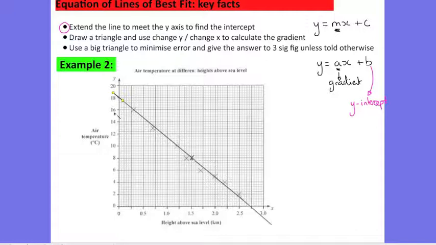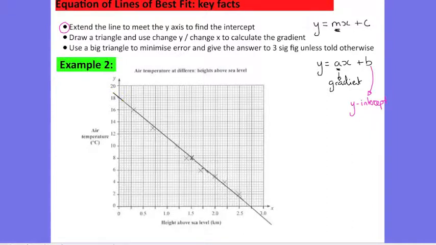Let's take a look at this particular example. This example is about a scientist recording air temperature at 8 different heights above sea level, the coordinates plotted. Here the diagram shows the air temperature in y, in degrees centigrade, at each of the heights x kilometers above sea level.